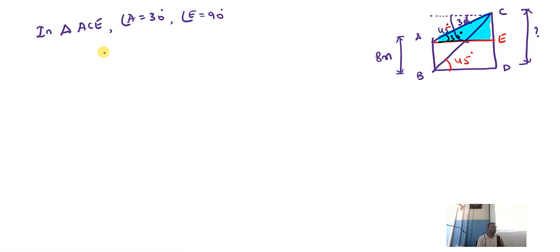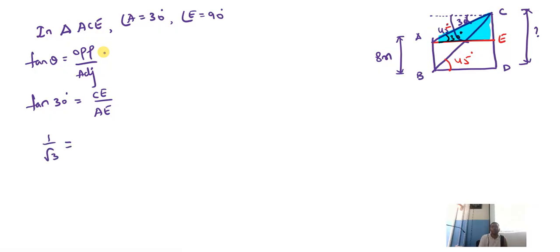Hypotenuse is not required; I only want opposite and adjacent values here. So I apply tan theta equals opposite by adjacent. Then tan 30, theta is 30, opposite here is CE and adjacent is AE. The value of tan 30 is 1 by root 3, equal to CE by AE. We don't know CE and AE, so I'm going to keep this as it is.